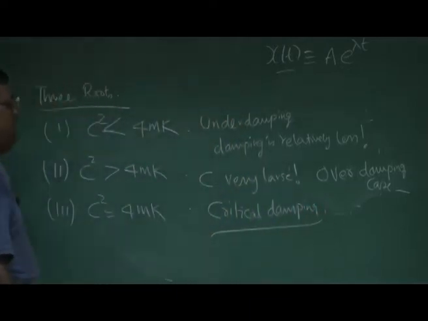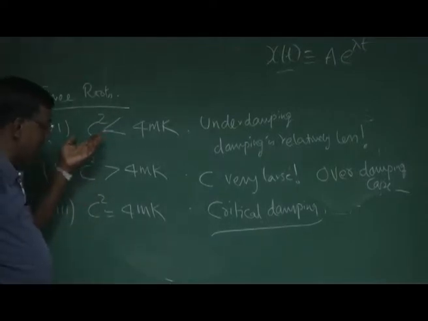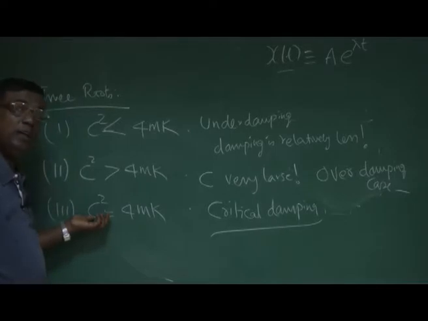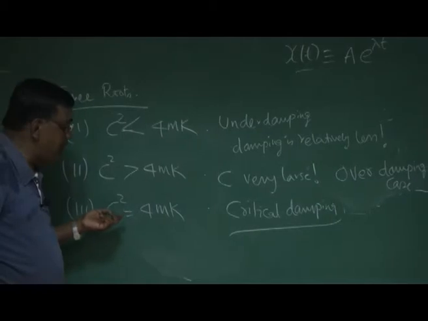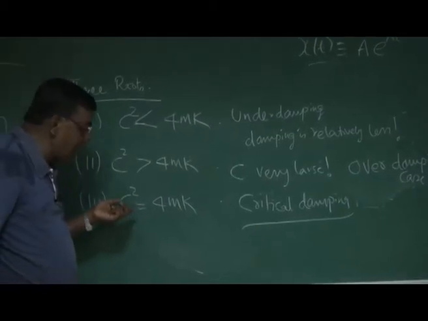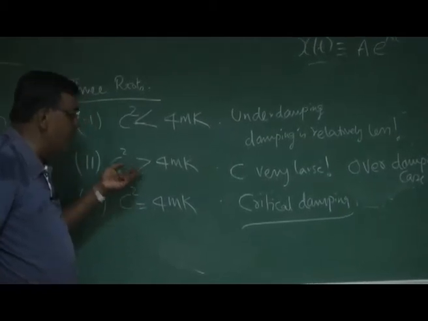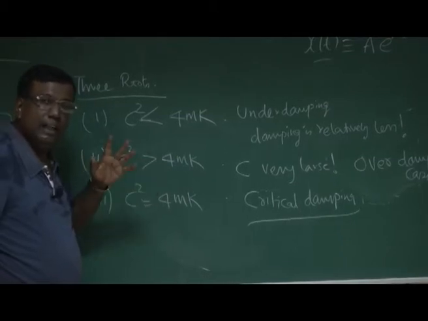One thing should be very clear at this point. If the c is less than c corresponding to critical damping, then it will go to underdamped. If c of the system is more than the critical damping c, it will go to overdamped. Is this clear? I repeat.